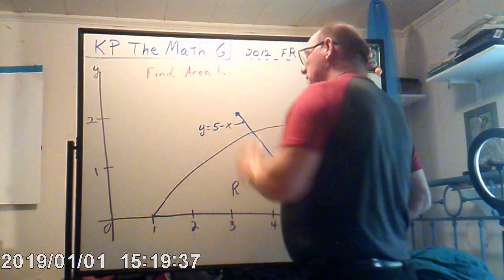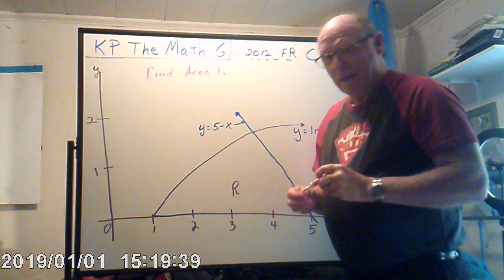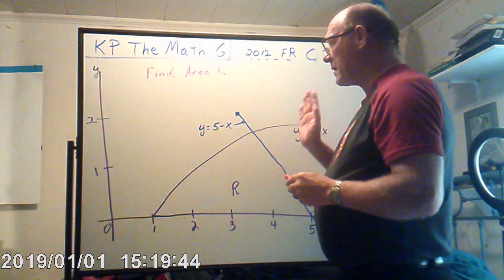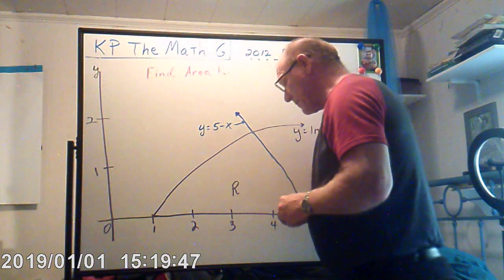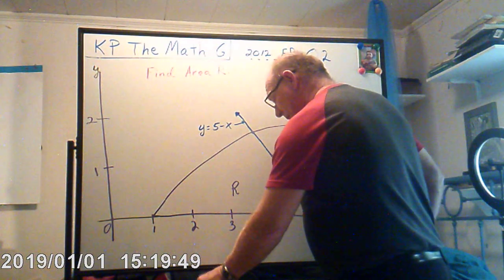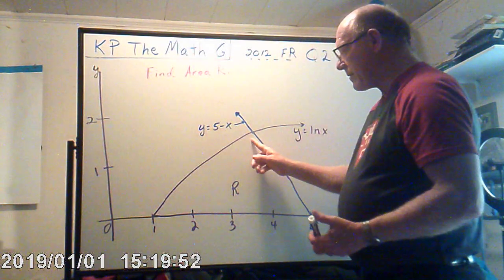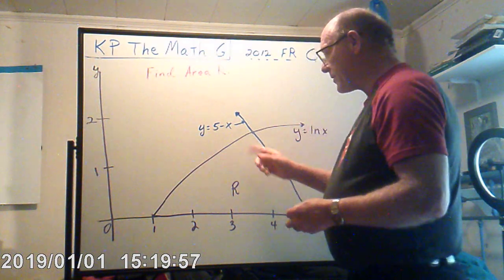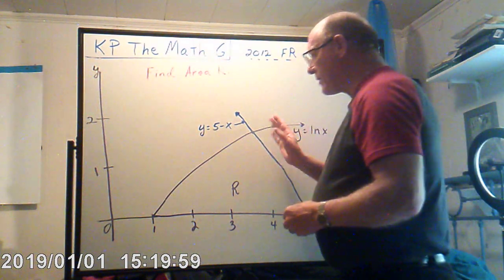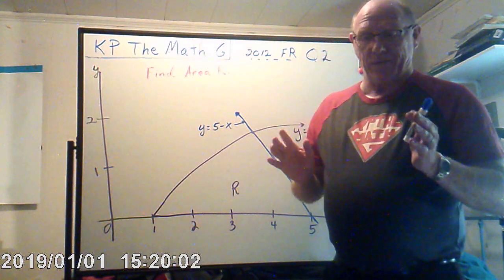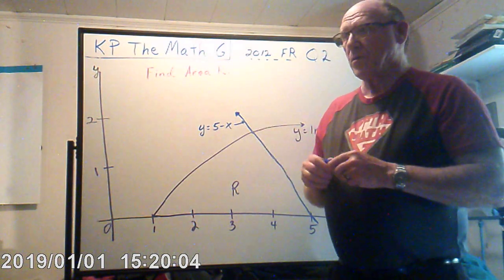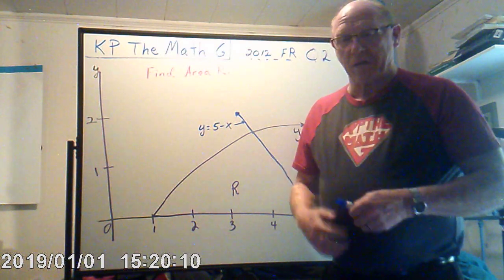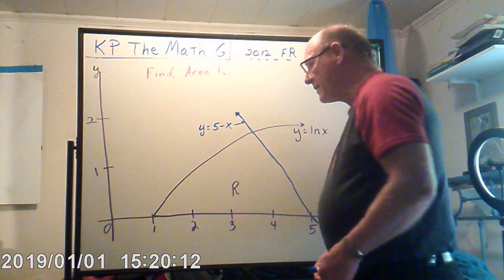Now, I again emphasize that when you are trying to find the area of R, it is imperative that you find this point of intersection. It's important that you get both the x and the y on this one. You could possibly get away with the x for a while, but eventually you are going to need the y value as well.